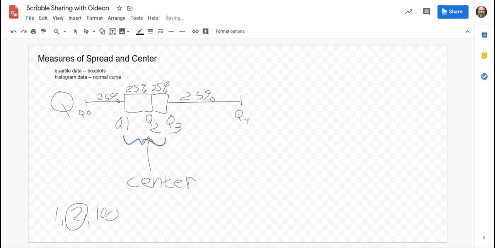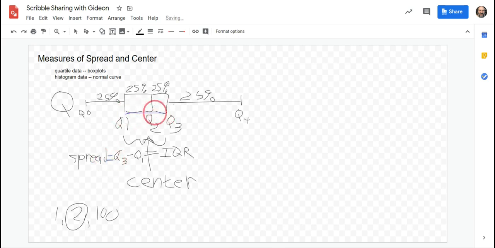We give it a name. We call it the interquartile range, not the full range of Q4 minus Q0, but the interquartile range, IQR. So spread is Q3 minus Q1.